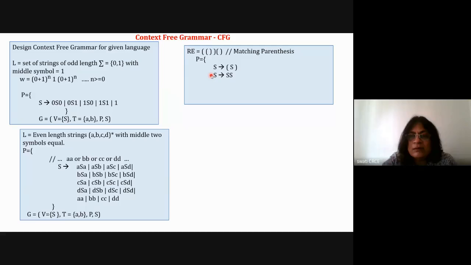If you have these two rules, then you get the freedom. For this S, you can apply SS, so you may have two brackets inside. Or if you have only one bracket inside, then for this inside S you apply the first rule only. So it will be two brackets with that S inside. And finally, to stop the recursion, you say S is equal to epsilon.